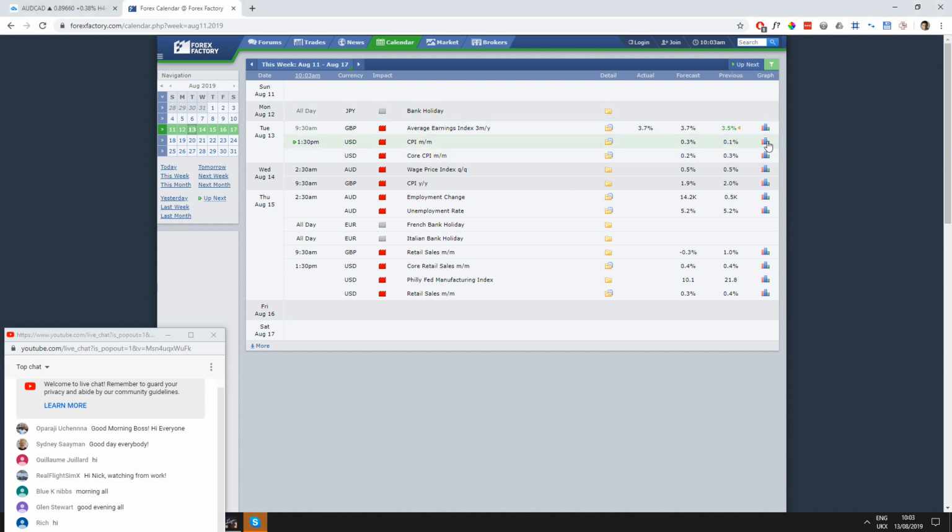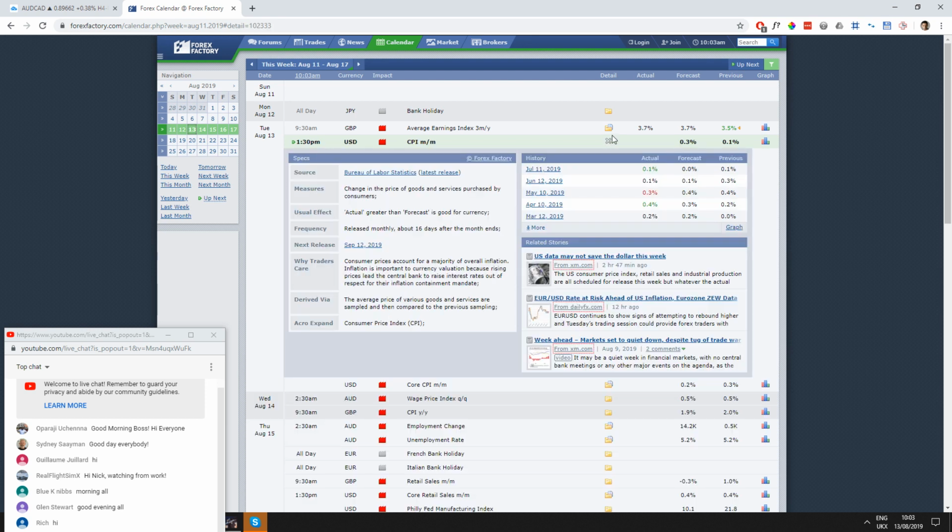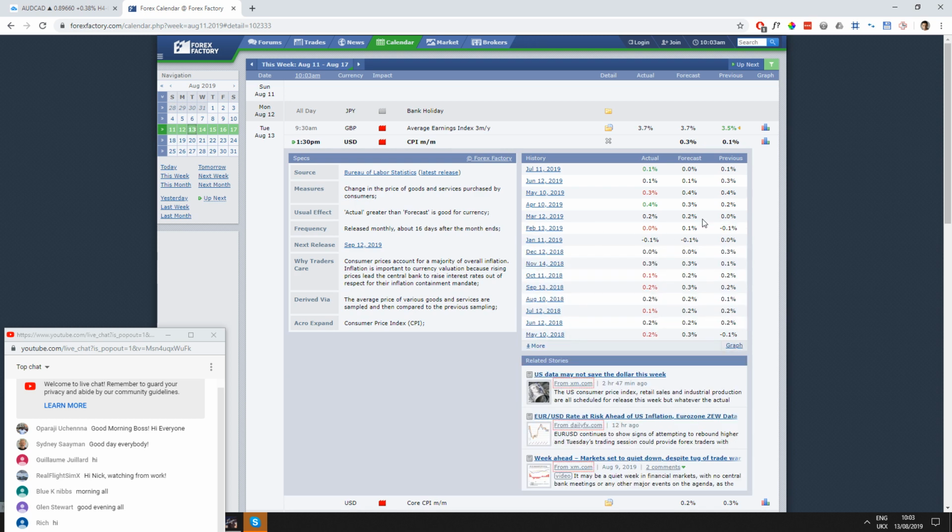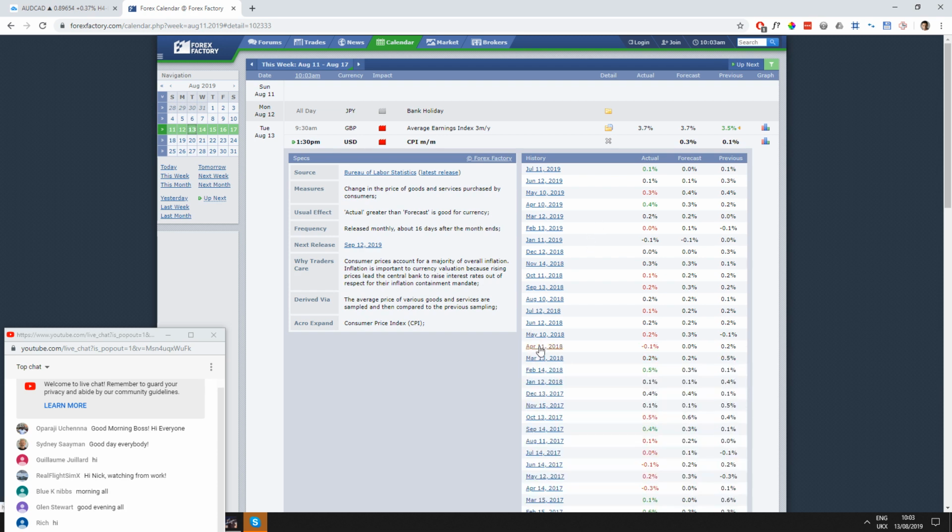But generally speaking, the US CPI numbers, they don't tend to cause huge movement, and for the most part you can see that they are pretty much on point with forecasts. You know, they might be off by 0.1% sometimes, but generally speaking they're very close to forecast. You don't get much of a deviation from forecast and actual.